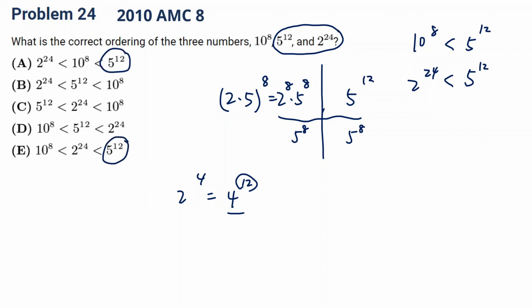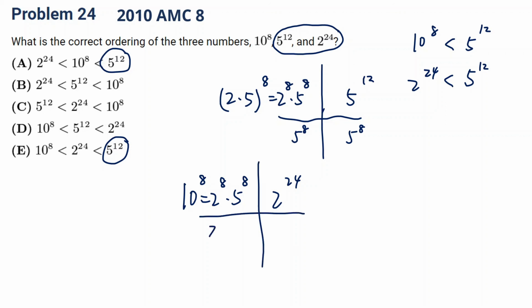Okay. Lastly, we compare 10 power of 8 with 2 power of 24. So again, 10 power of 8 is equal to 2 power of 8 times 5 power of 8. So let's divide them each by 2 power of 8. So the first one becomes 5 power of 8.